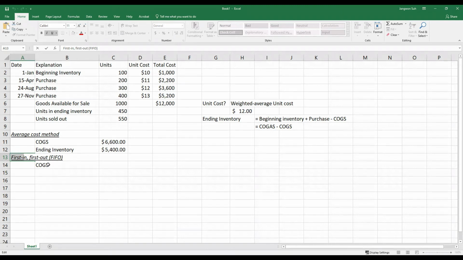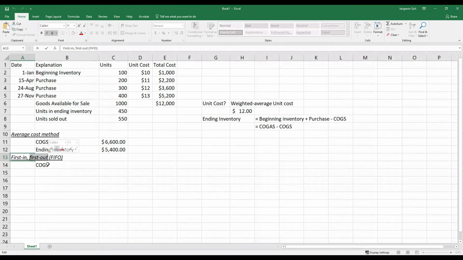Again, cost of goods sold out should count first ins first. Okay, first ins are first sold out.